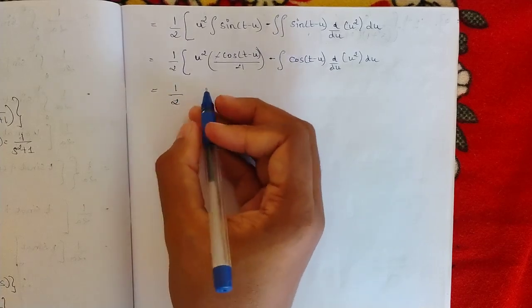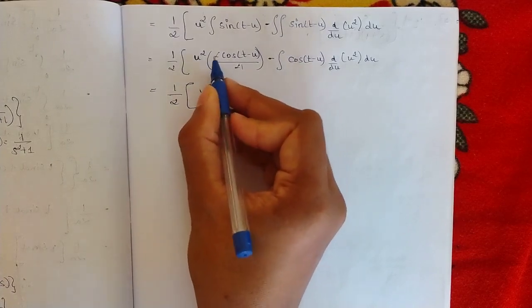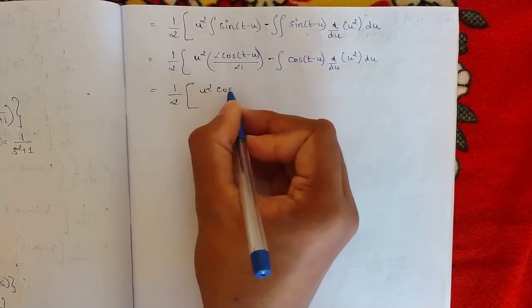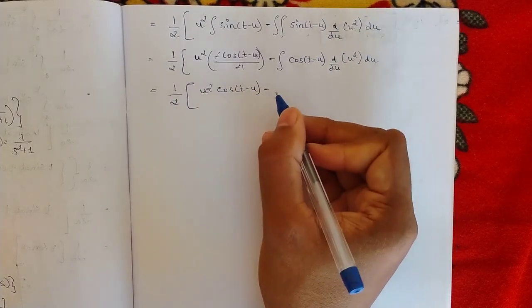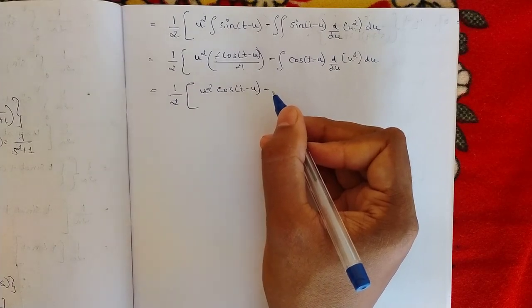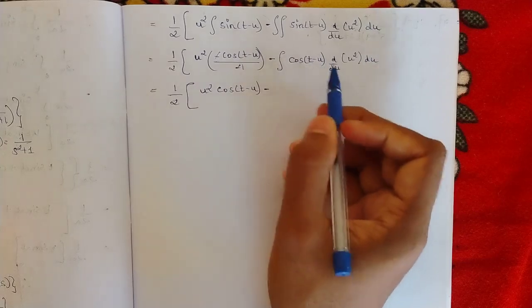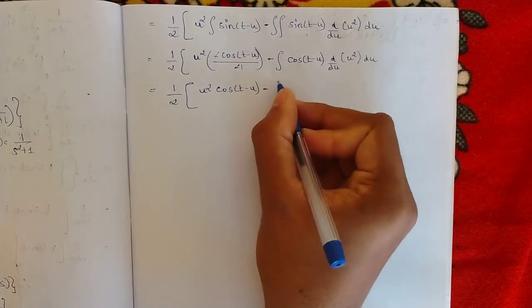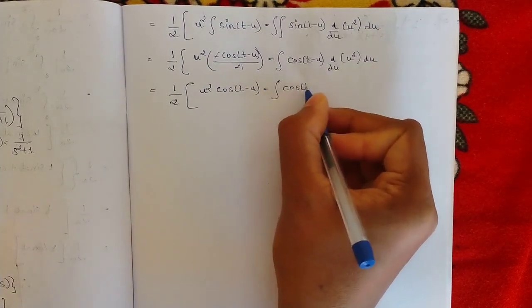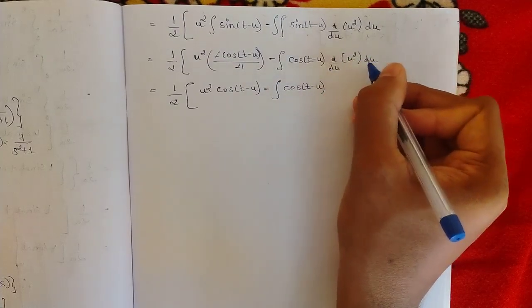Okay, observe carefully. So u square and minus minus goes, so we are left with cos t minus u minus, integrate this term again, or else keep it as it is and differentiate this term, differentiation d by du with respect to u, right?